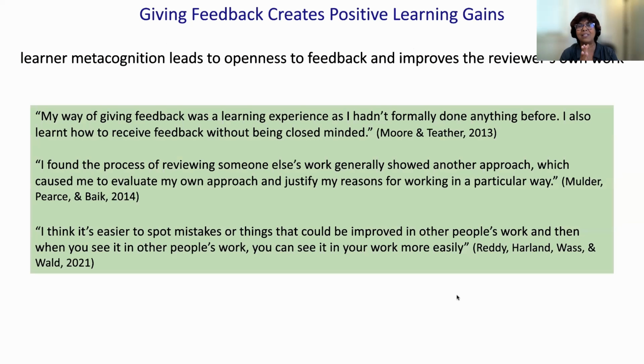And here's a little piece from the research. The peer review done well and that metacognition piece, right, leads to a couple of things. One, feedback is no longer as scary. That's a big, big scholarly skill and a big life skill. We only sharpen through feedback. And then the work, they actually produce a better work product.